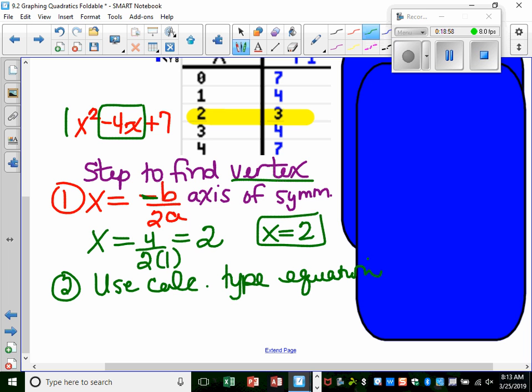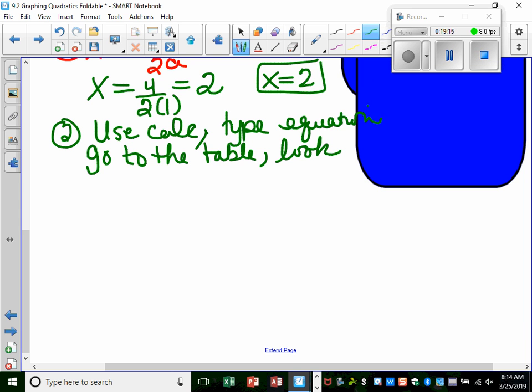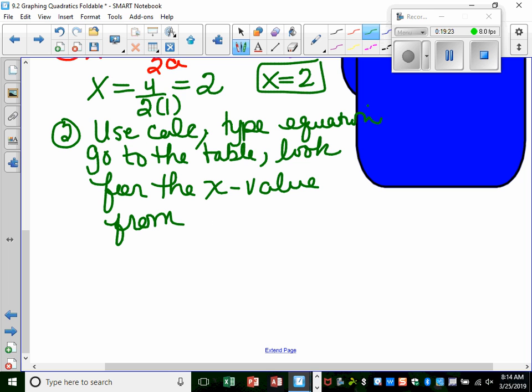Once you type your equation in, go to the table, look for the x value from step 1, and write down the y value.